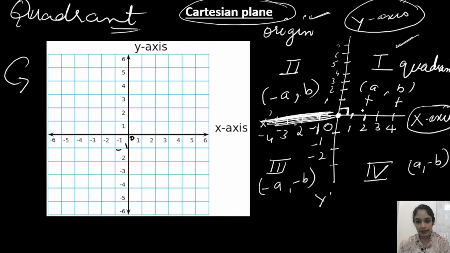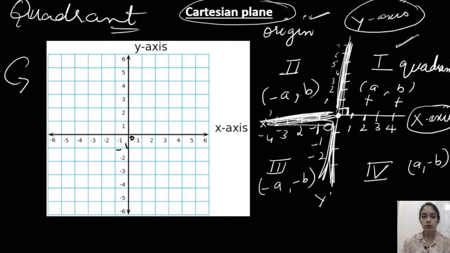So x is negative, y is positive. You just have to locate this part and then you can easily figure it out. In the third quadrant, both x and y are negative. And in the fourth quadrant, y is negative, x is positive. So this is all about the Cartesian plane. I hope you have understood, because I don't see any doubts.